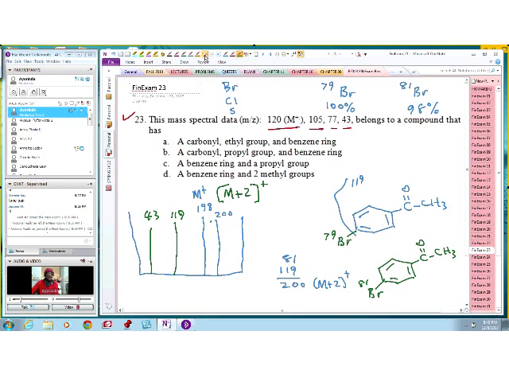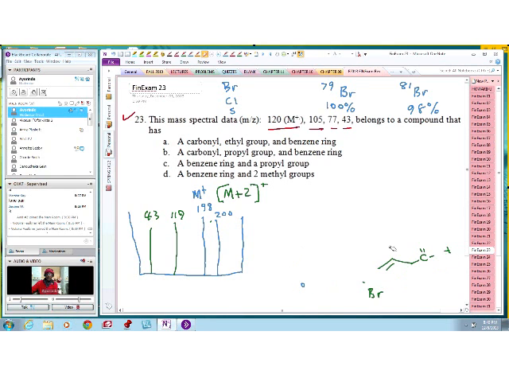Now the same thing could be said of the chlorine atom also. With regard to chlorine, in nature, you have chlorine 35, and then you have chlorine 37.